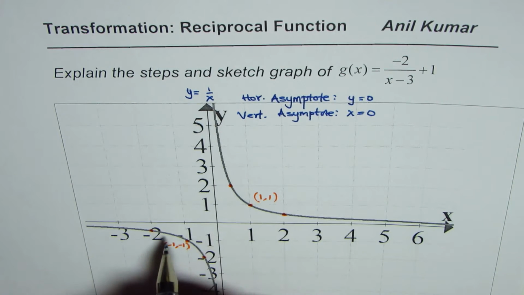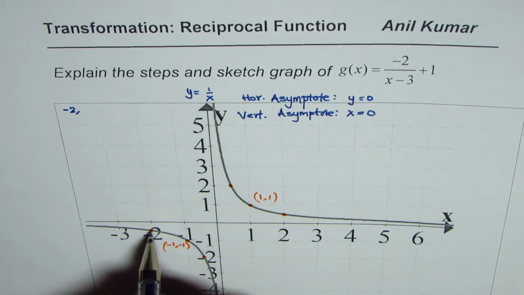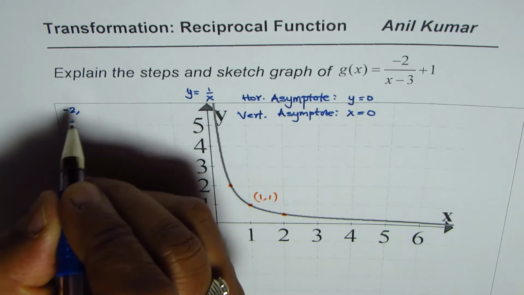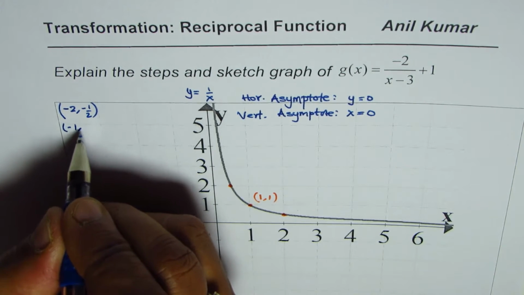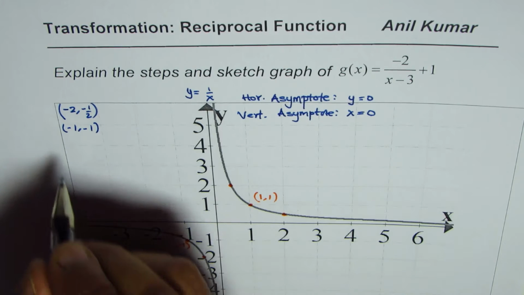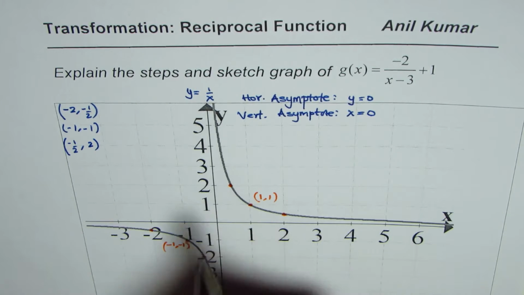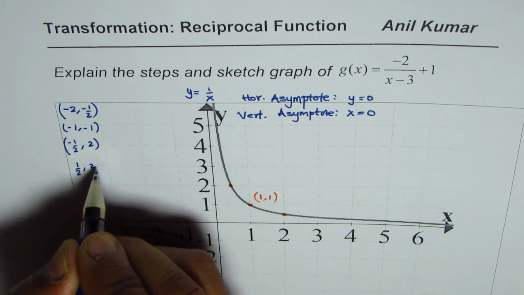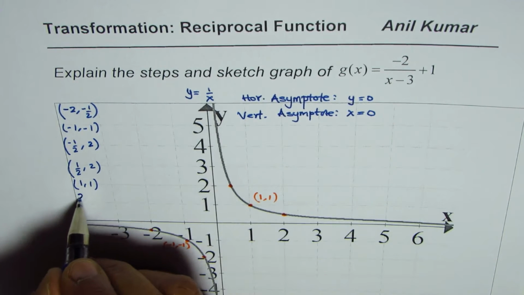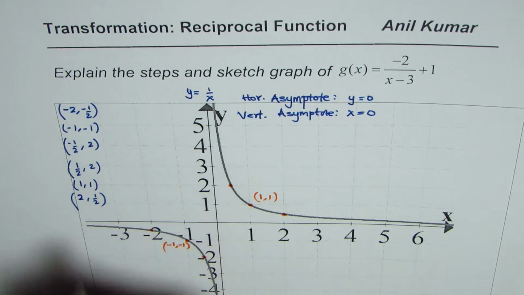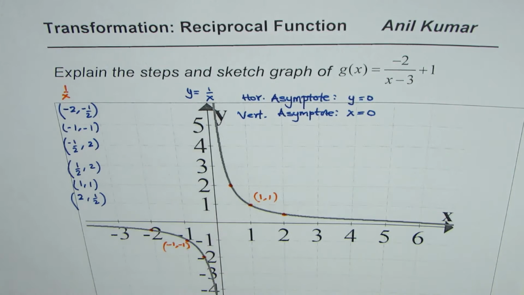We have minus 2, minus half; minus 1, minus 1; and minus half, minus 2. Similarly on this side we have half, 2; 1, 1; and 2, half. So these are the key points on the function 1 over x.